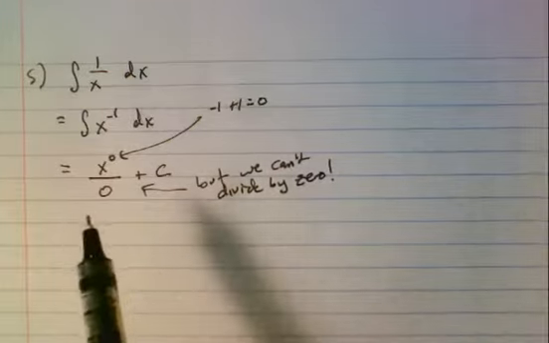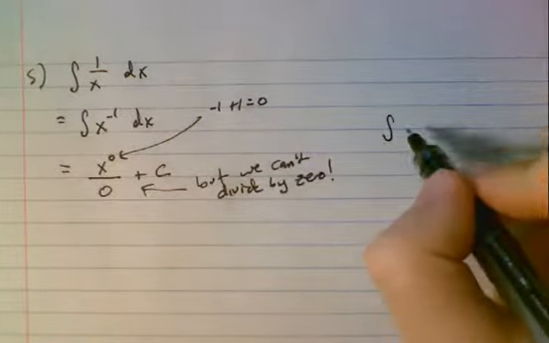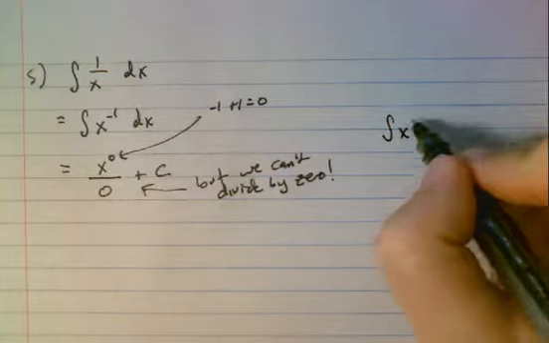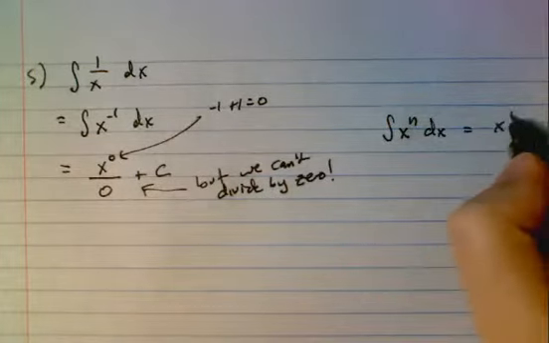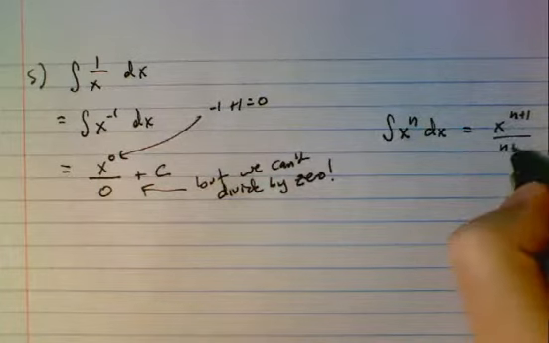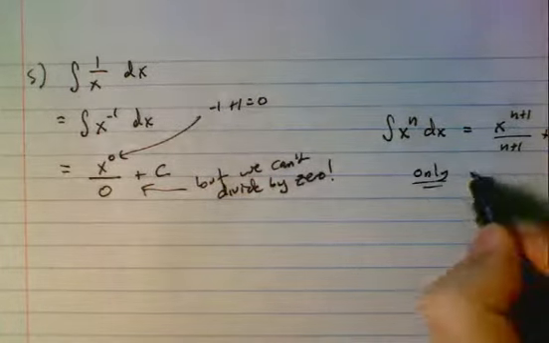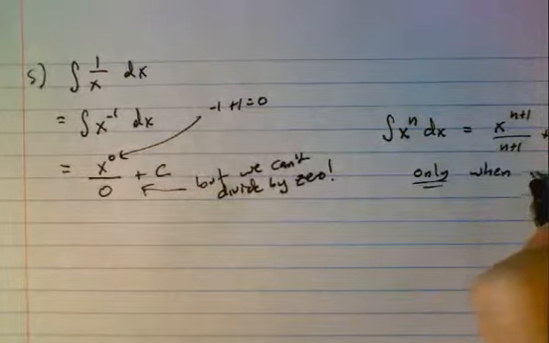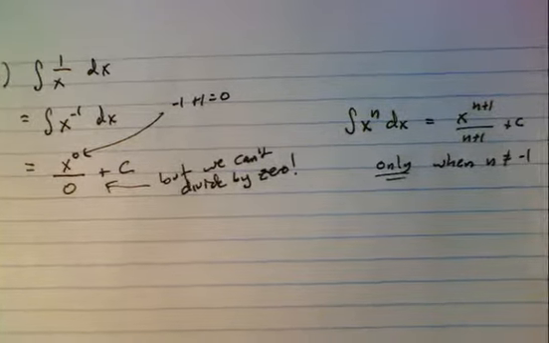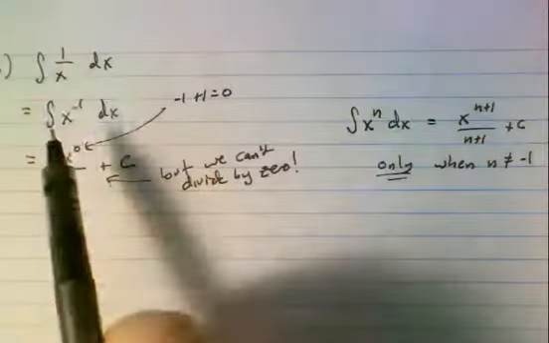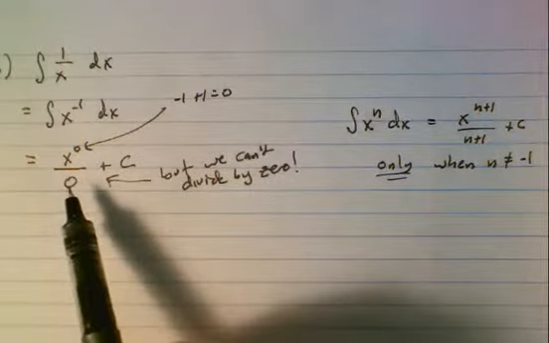This is where there's a break in the power rule. This rule, antiderivative of x to the n dx equals x to the n plus 1 over n plus 1 plus c, only works when n does not equal negative 1. When we have this division by 0, there's a problem with it.